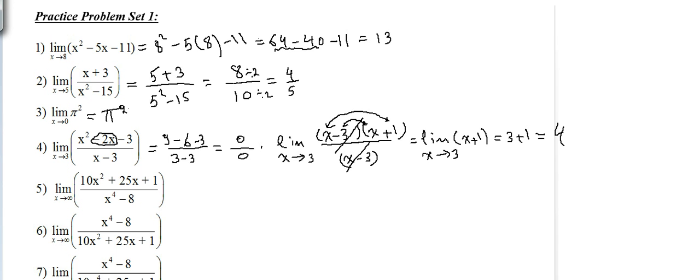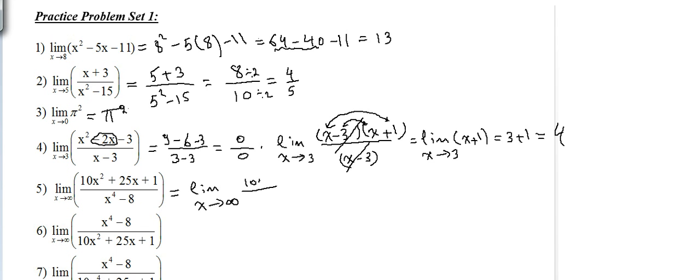Number 5 is the limit of 10x squared plus 25x plus 1 over x power 4 minus 8 as x tends to infinity. We said that before, when x tends to infinity, it is as if we are factorizing by x squared up in the numerator and by x power 4 down in the denominator, or we can directly do it this way.